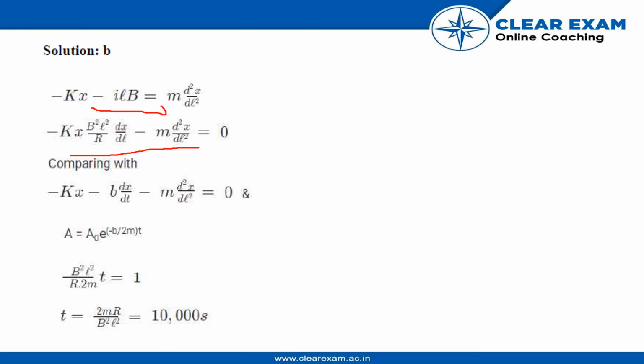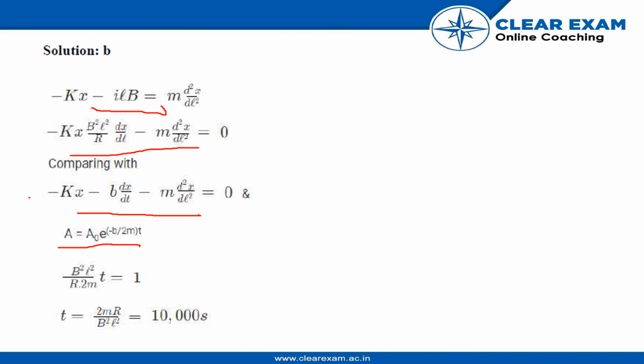And when we compare it, it will be minus kx minus b dx by dt minus m d2x upon dt square is equal to 0, and A is equal to A naught e raised to power minus b by 2m into t.